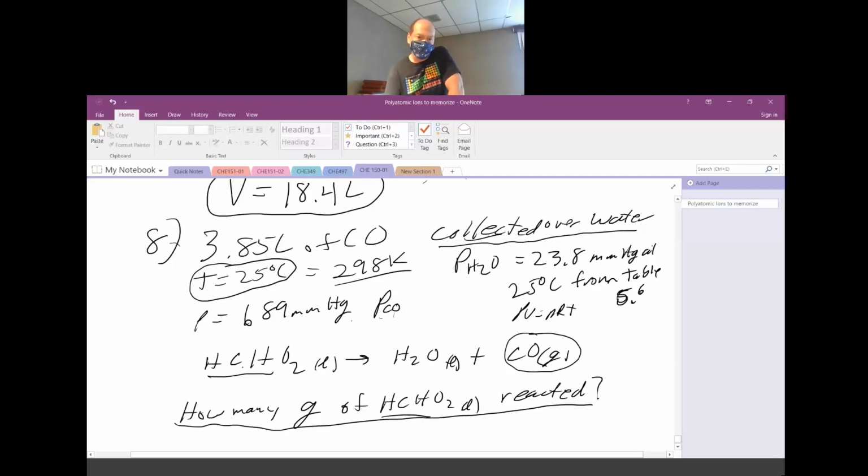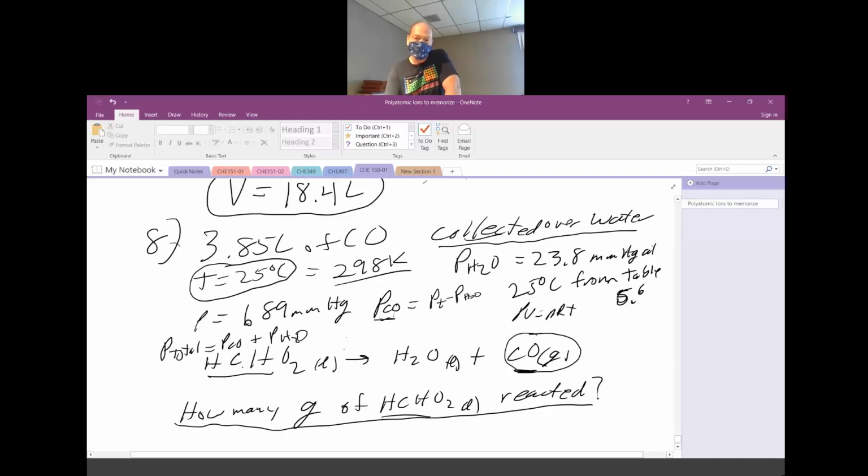Your pressure total is equal to the pressure of the CO plus the pressure of water. So in order to get the pressure of CO, which we need for the moles of CO, we subtract the pressure of water from both sides, so it is the pressure total minus the pressure of water.